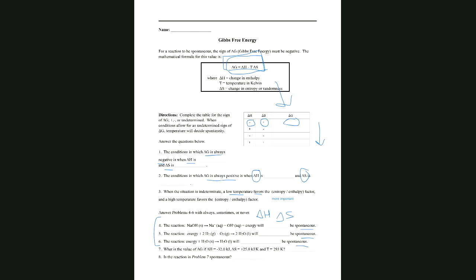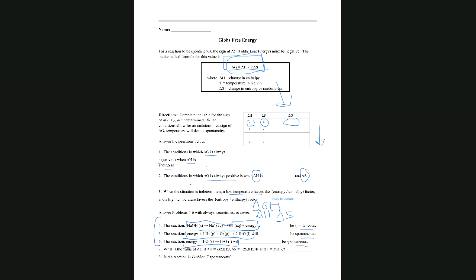If the Gibbs free energy is negative, then it's always going to be spontaneous. And if it's positive, it's always going to be non-spontaneous. Okay? And you ought to be able to come up with that by looking at the reactions, like here. See, they're including energy in the reaction, so that's going to help you with the enthalpy. And then they've included what states things are in, and that will allow you to say something about what the entropy is. But for these 3, you're not actually doing a calculation.